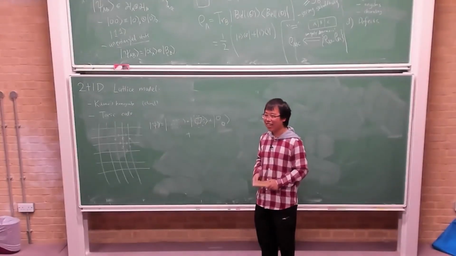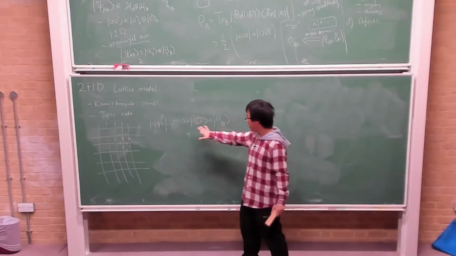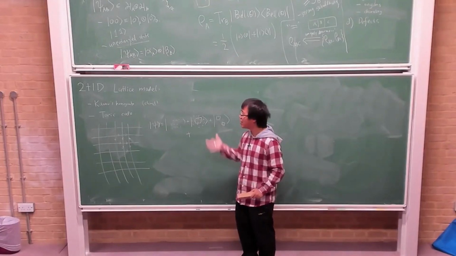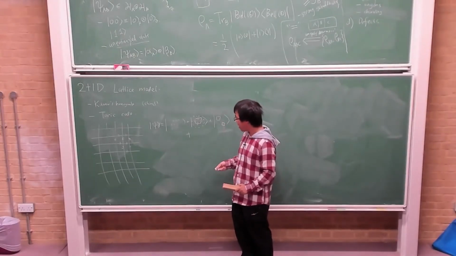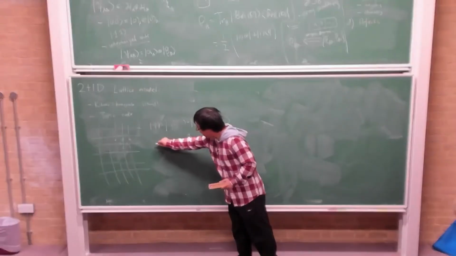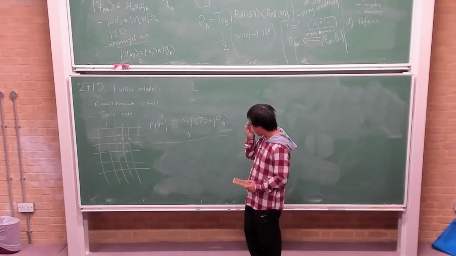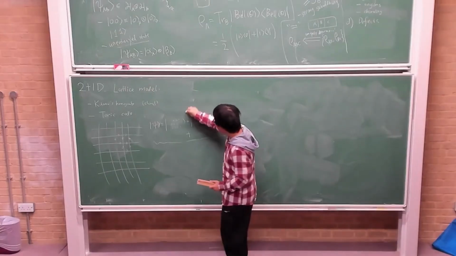Yeah, so loop condensation with a plus. Every configuration is +1. It turns out that's the ground state of the toric code. And what may not be immediately obvious from this representation is the entanglement area law.